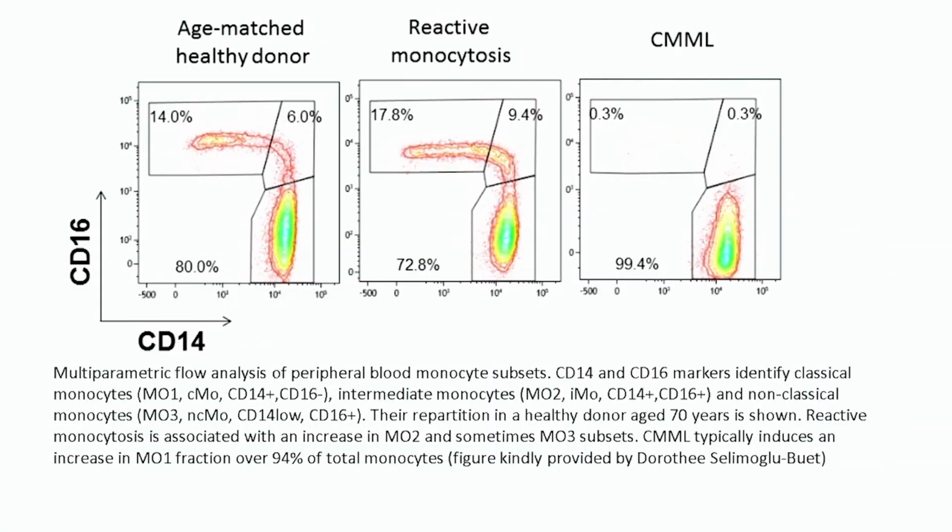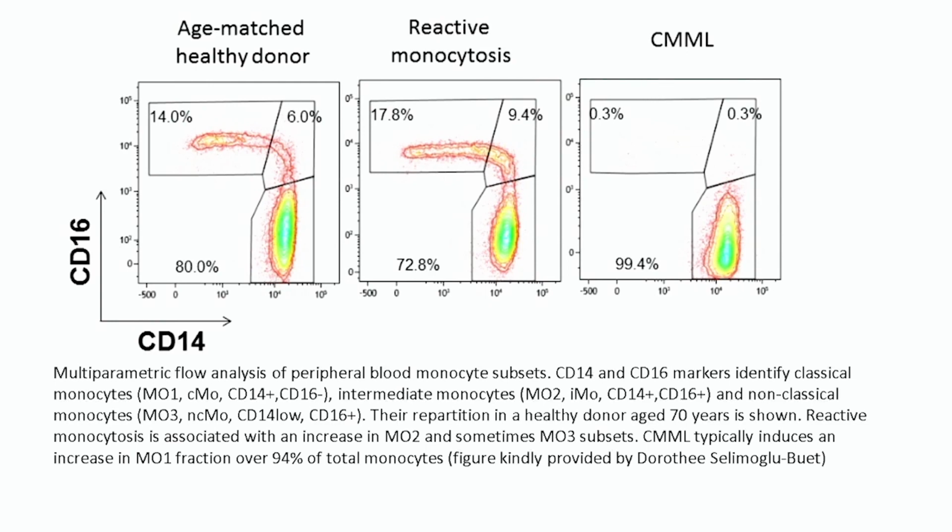This is what they explain about the partitioning of the monocytosis. This test is done by flow cytometry, staining the monocytes with CD14 and CD16. In case of CMML, we have an increase in the classical monocytes, which are CD14 positive, CD16 negative. However, in case of reactive monocytosis, we will have a good percentage of intermediate stage monocytes and also non-classical monocytes with positivity of CD16 and dim to negative CD14.